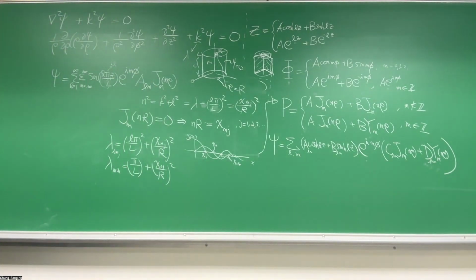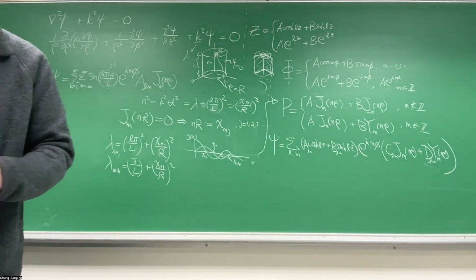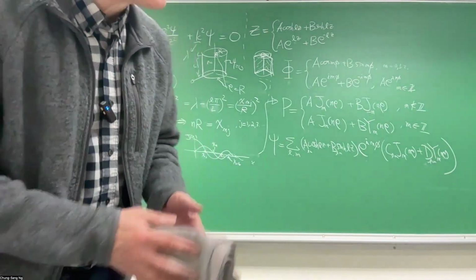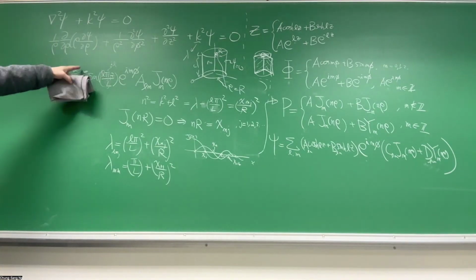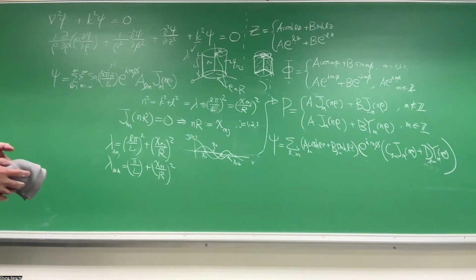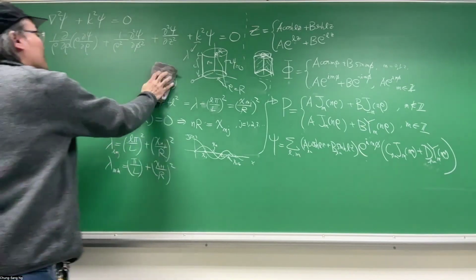So that's cylindrical. Then finally we'll go to spherical. Spherical coordinates are a little bit more complicated than the cylindrical one.